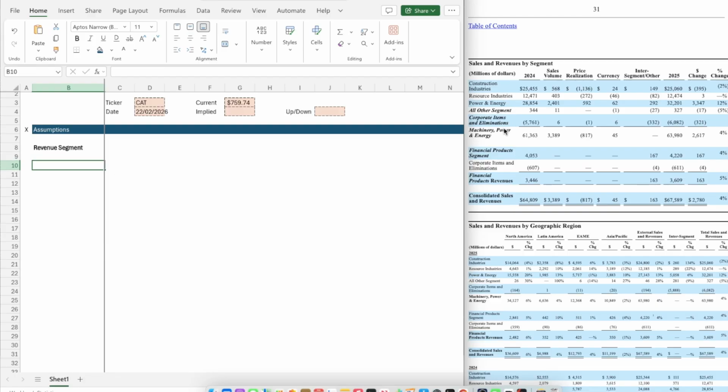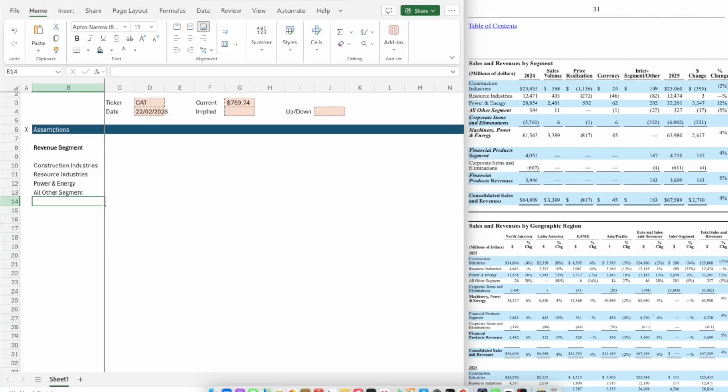These are the revenue segments: construction industries, resource industries, power and energy. And this is one that we want to look at, especially with data center build-outs. This one should be, well, in theory, absolutely booming, and it's probably why the valuation is so high right now.